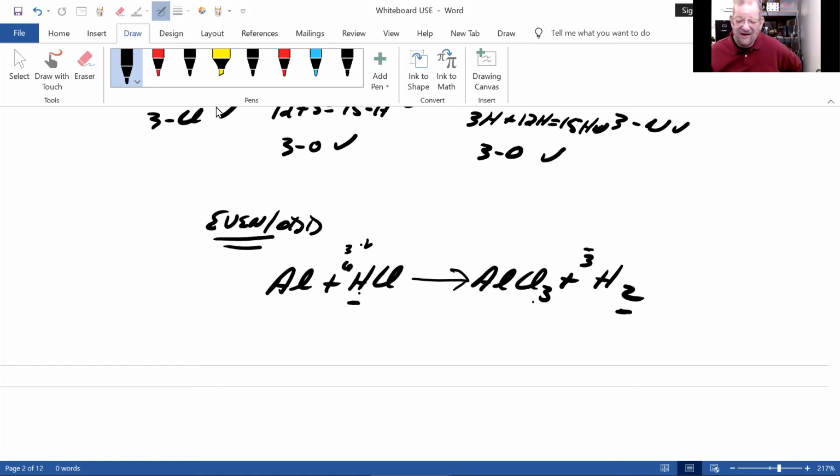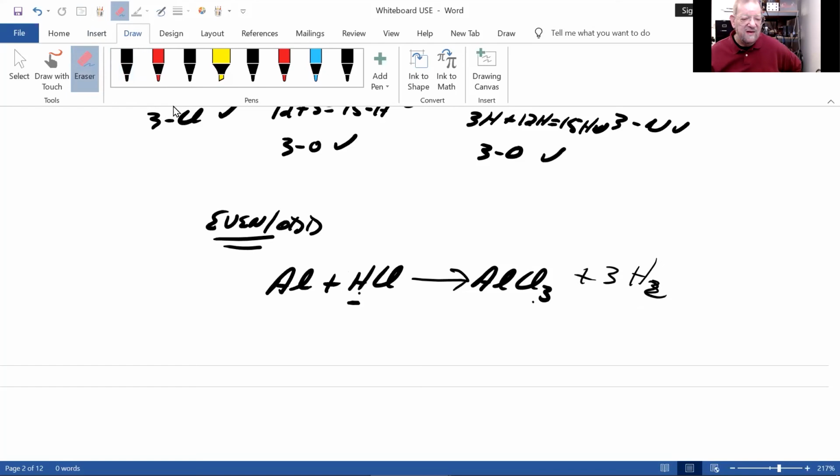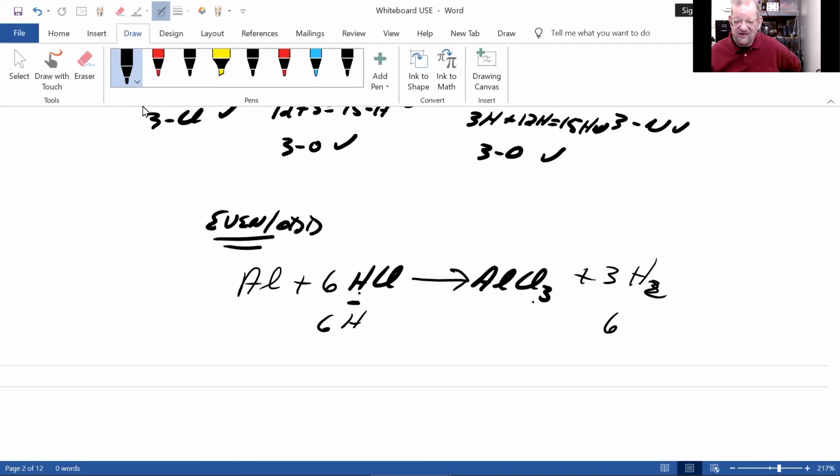And now I could get that in there. Three hydrogens, and over here, I have 6 hydrogen. Now I have 6 on this side and 6 on this side.